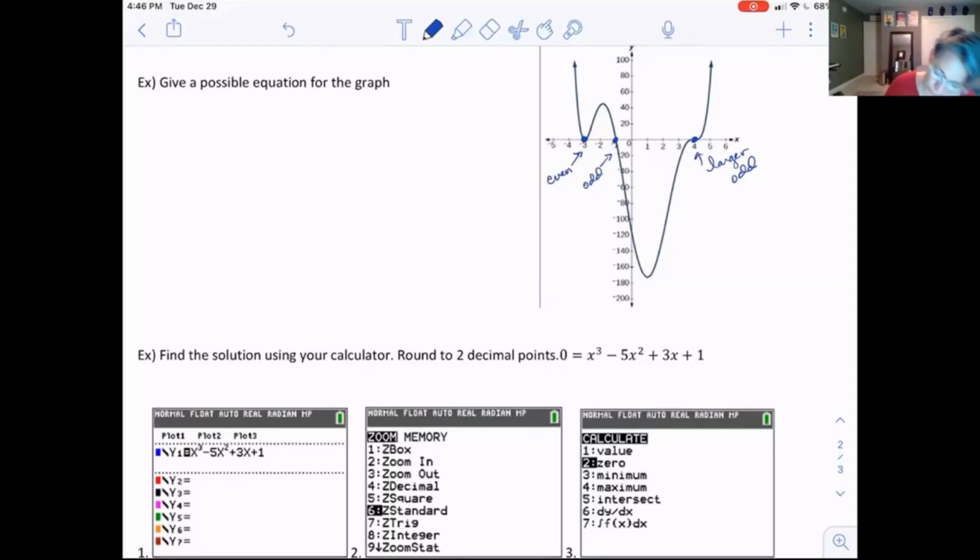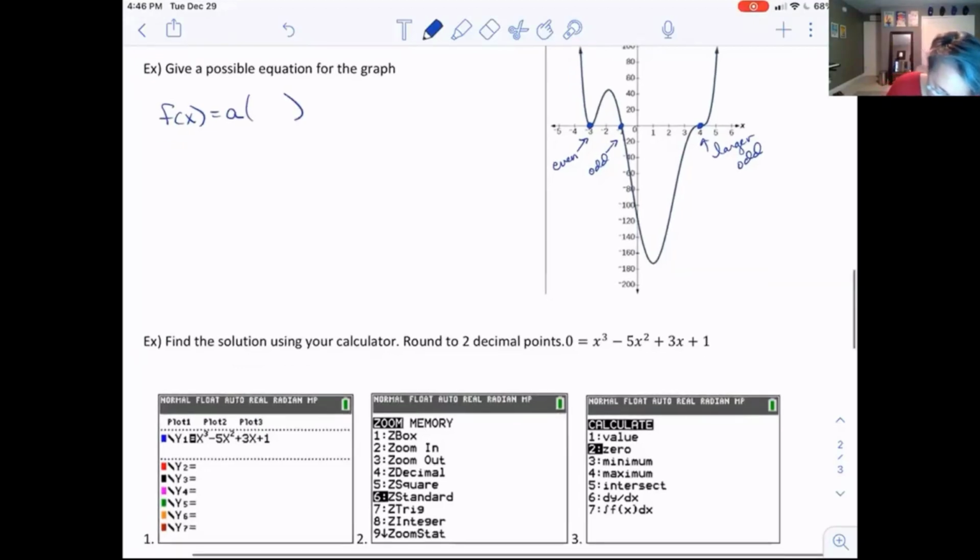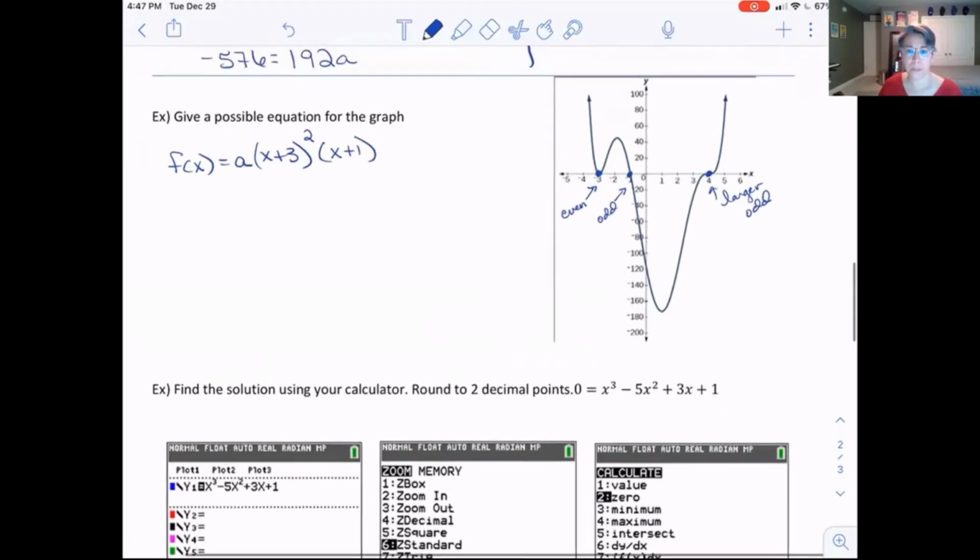So we can start with f of x equals a. Our first one is negative 3, so that gives us an (x plus 3), but we know it's at least even, so we can square it. The next one is odd at negative 1, so (x plus 1). Now right there, that gives us only 3 x's, right?